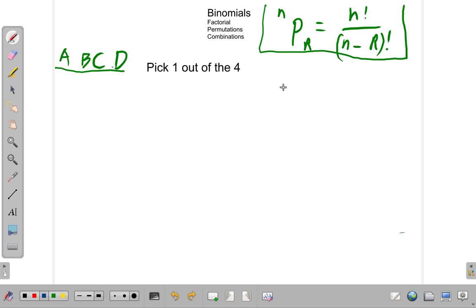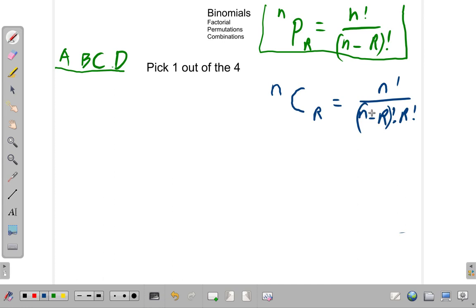If you have r objects chosen from n, so you have n available and you choose r, the book gives these as lowercase, even though I'm writing my R as uppercase, then the number of combinations is written nCr. And the formula is n factorial over n minus r factorial times r factorial.